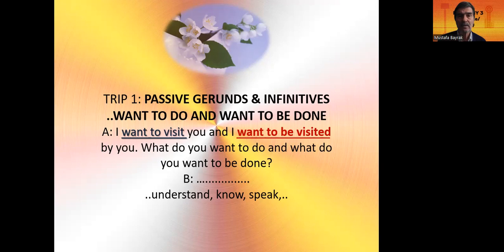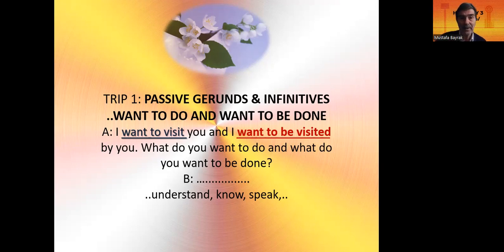Okay. Yes, I want to understand, active voice. I want to be understood, passive voice. I want to visit you, and I want to be visited by you. What do you want to do, and what do you want to be done?